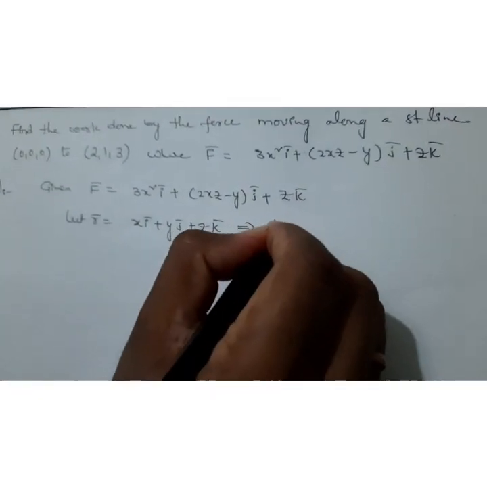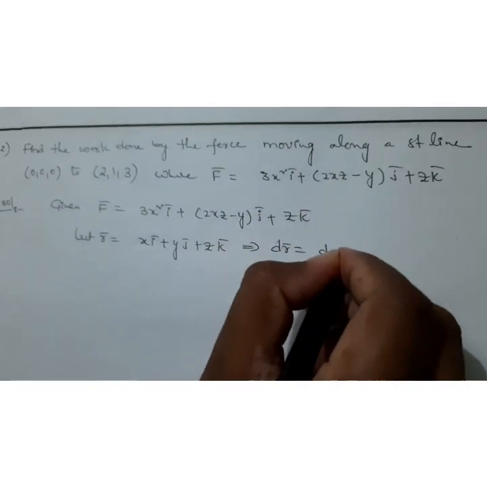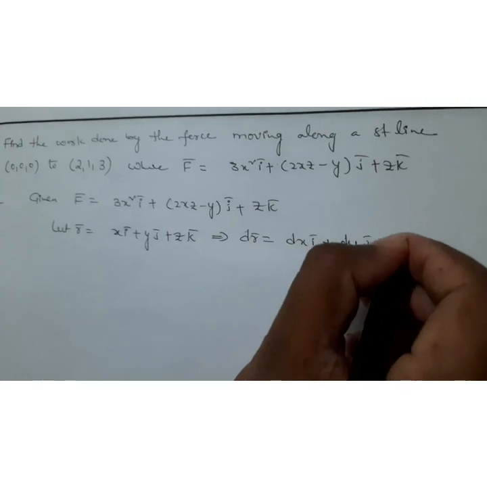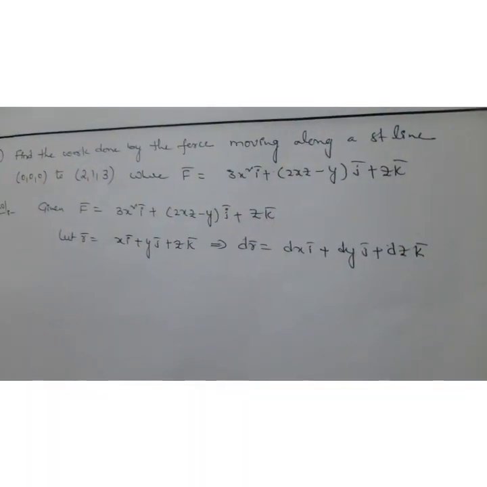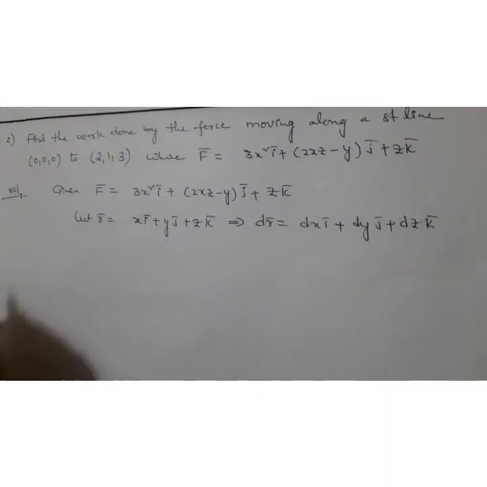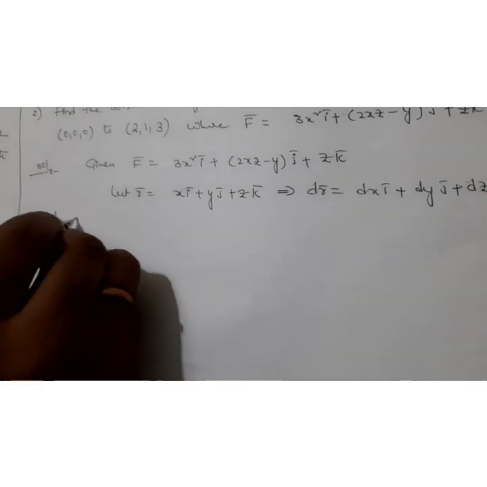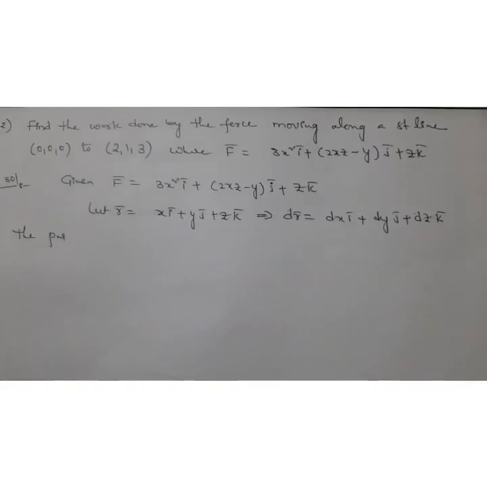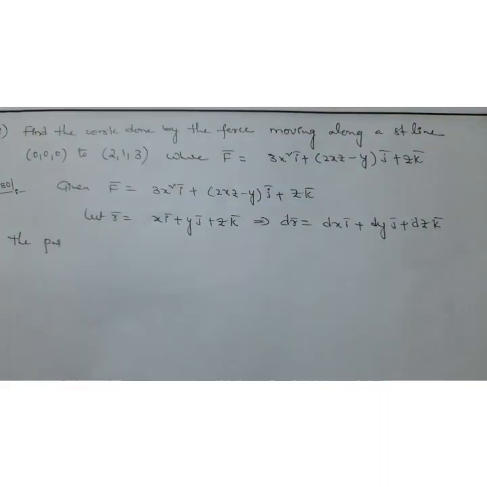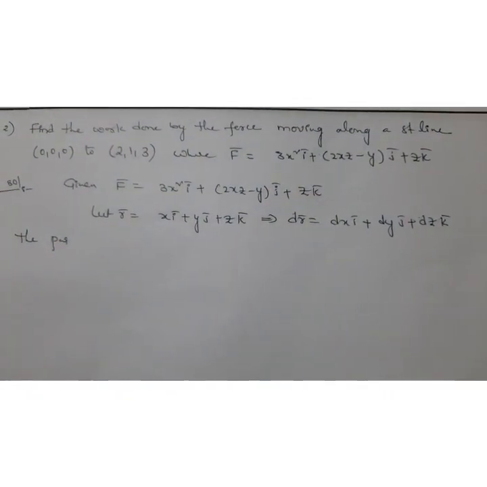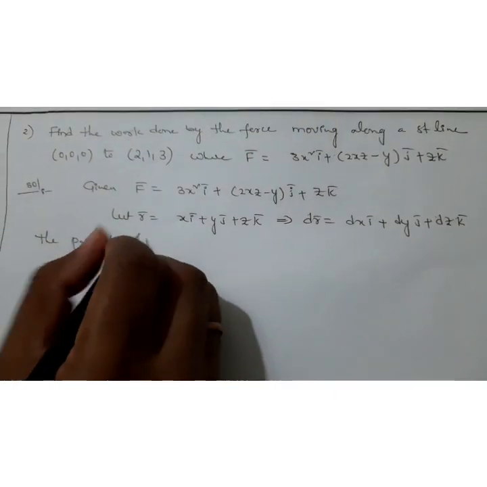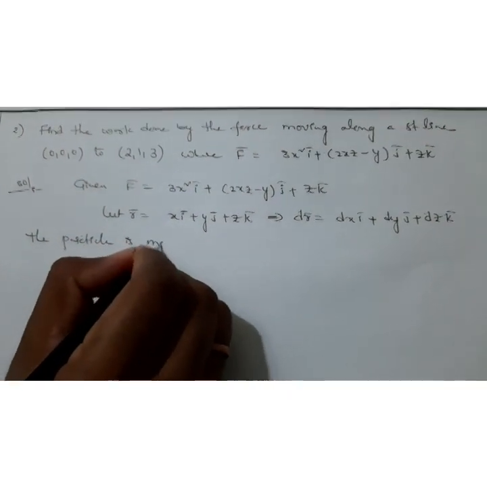That implies dr bar is equal to dx i bar plus dy j bar plus dz k bar. Next, find the work done by the force as the particle is moving along a straight line.